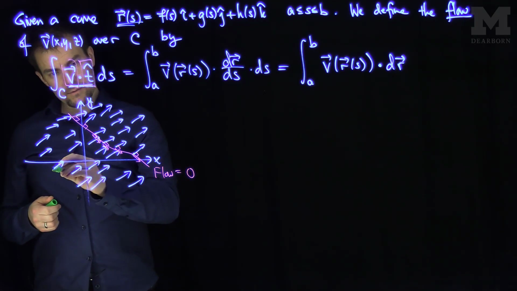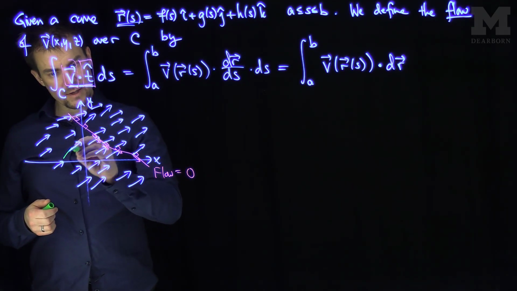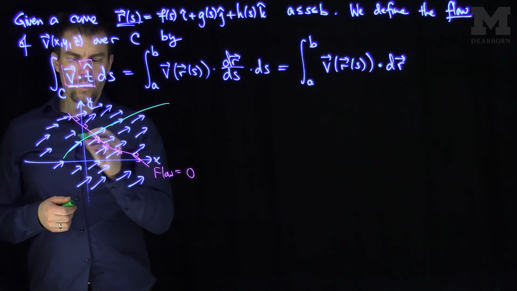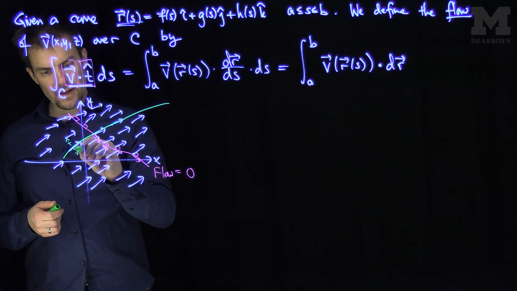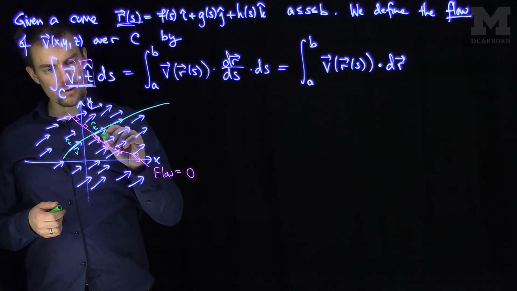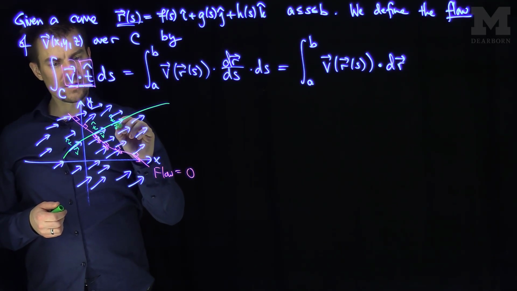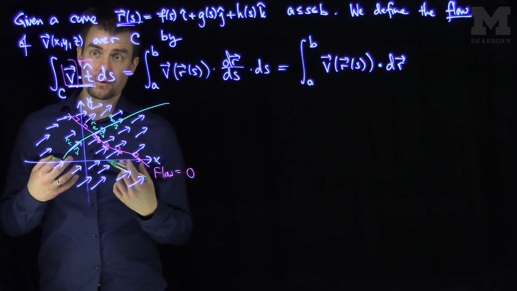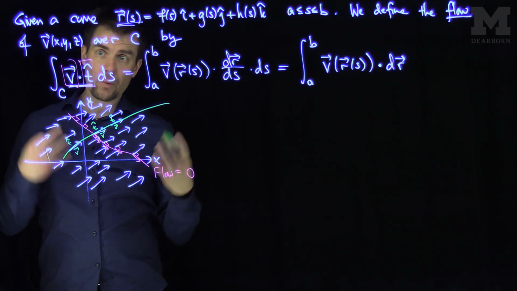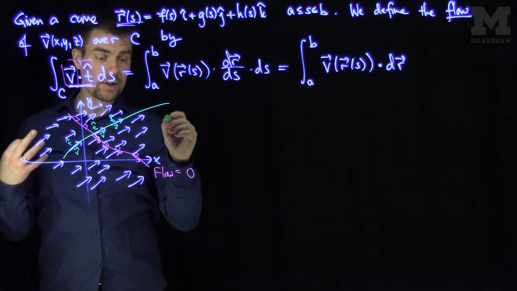Whereas if I gave you this vector field over here, this green one, well, now v and t hat are in the same direction. So this is going to be the overall magnitude of the vector field squared, as large as this thing's going to be. So this has a large flow.